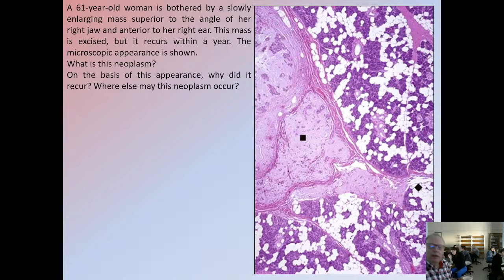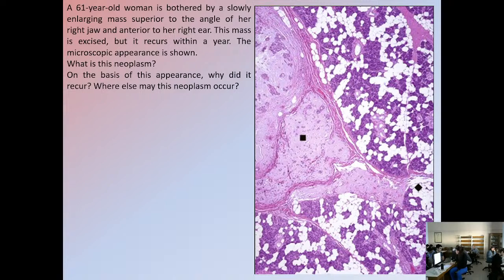So, in this image, could you please show me where the normal parotid parenchyma appears and where is the tumor? Tell me here, which is normal salivary gland and which is the tumor? Can you discriminate between the two? What do you think? What's the normal area? What's the neoplastic area?